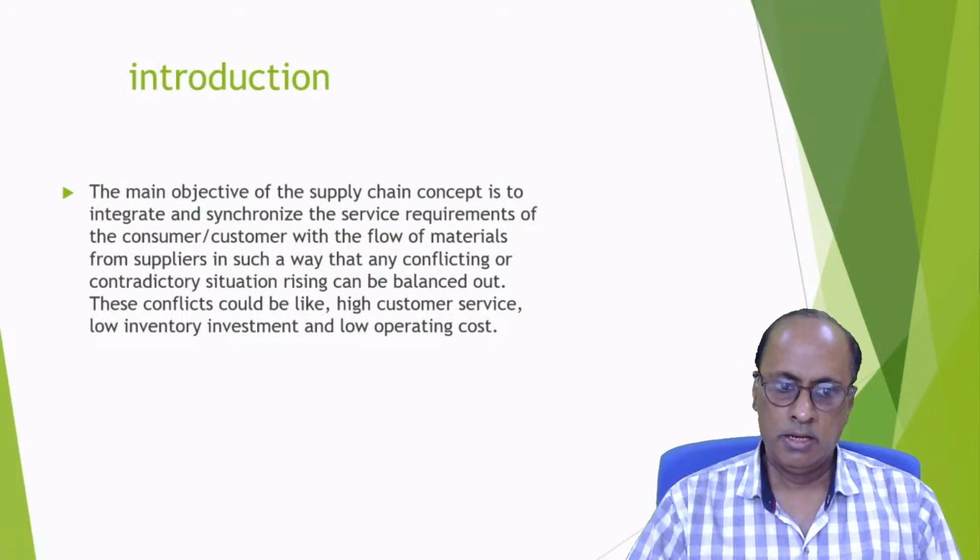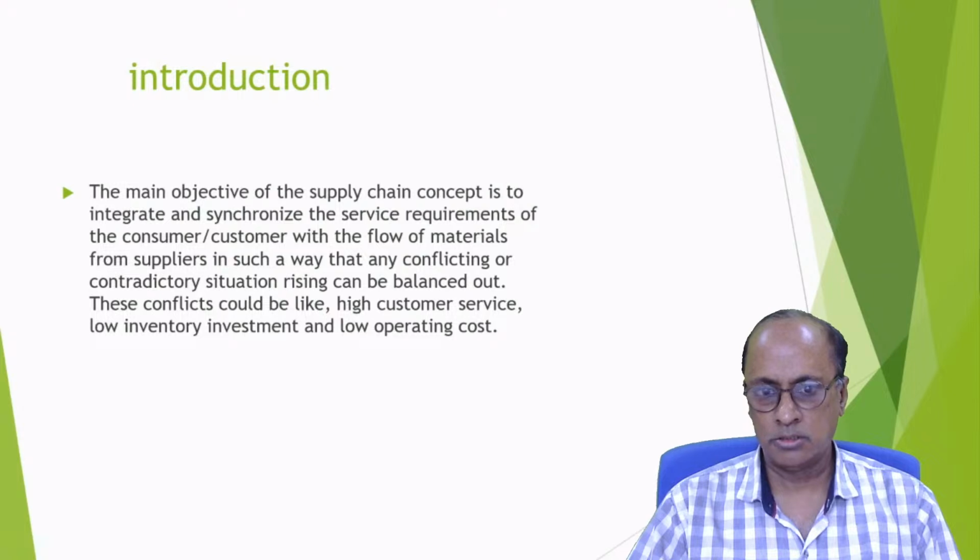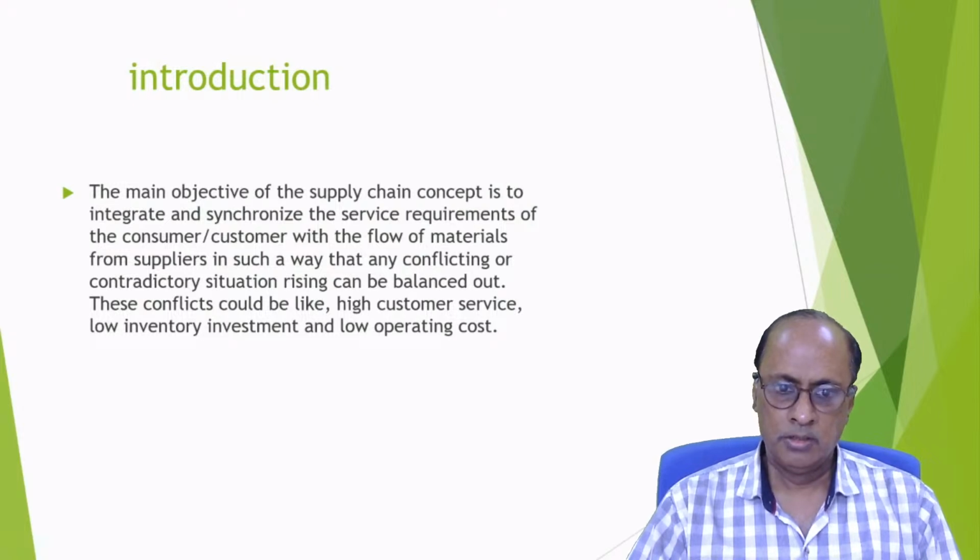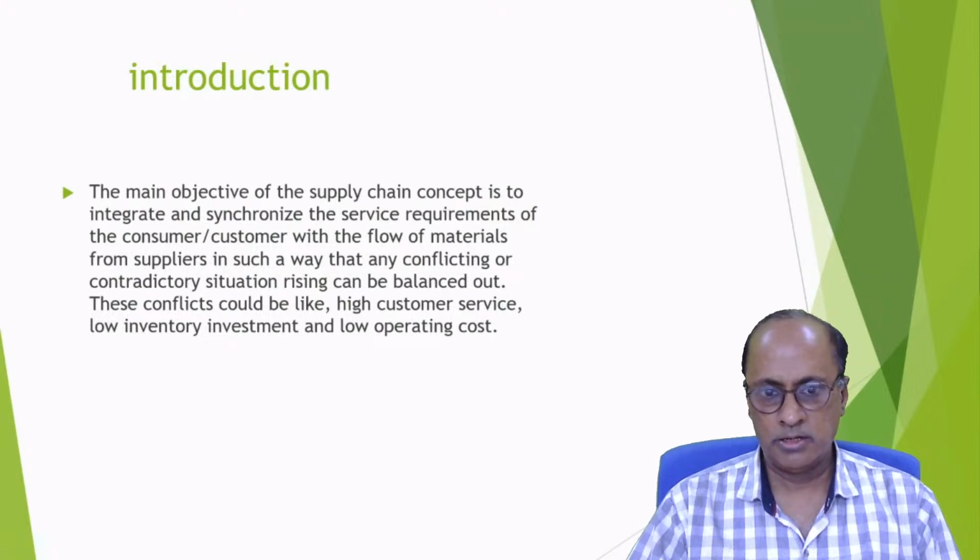If I have low inventory investment, it means I maintain a low inventory level, so I may not be able to satisfy my customer. Customer satisfaction may be compromised. So high customer service and low inventory investment go in opposite directions; they are conflicting in nature.